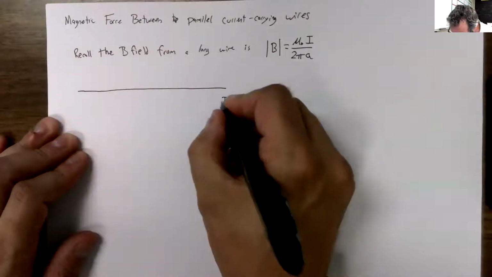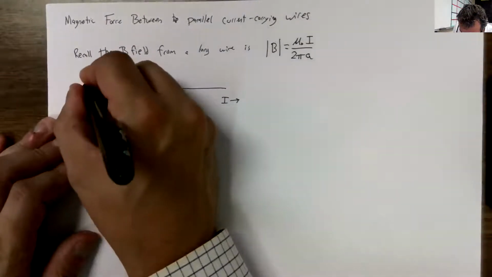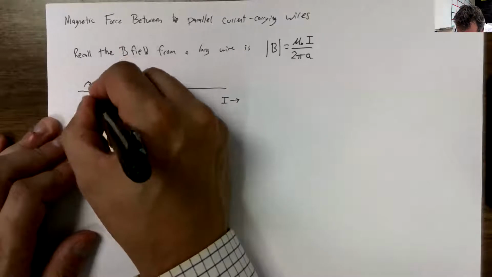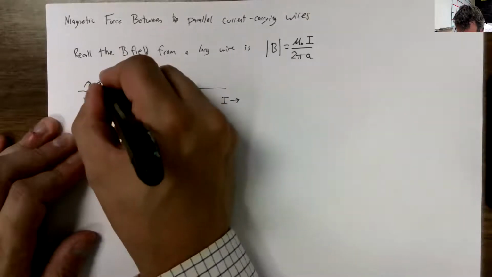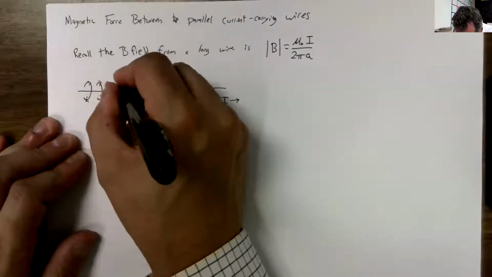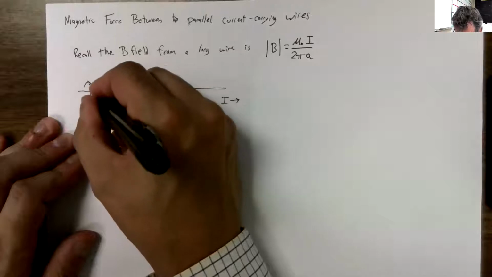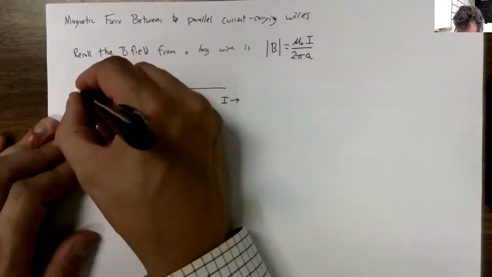So if we have the current going this way, the magnetic field loops around it like this. I'm not drawing the full loops, just to show that these lines are going behind the wire, but we know that they're there.